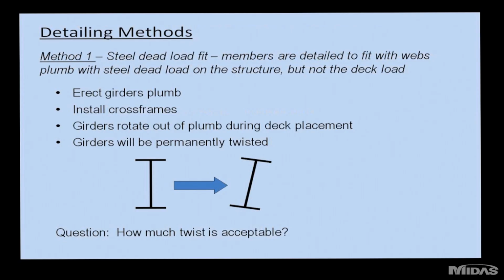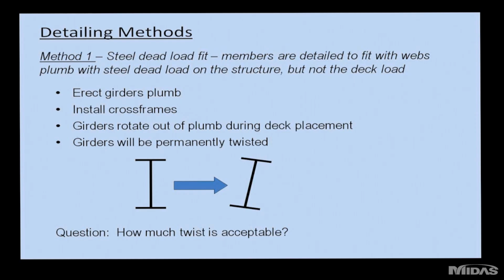So a little discussion of detailing methods here. In a skewed structure, the girder can be plumb only under a single loading condition. Which loading condition this is depends on the detailing of the cross frames. The method that had been commonly used in Ohio was steel dead load fit, meaning that the girders are erected under steel weight only in a plumb position.